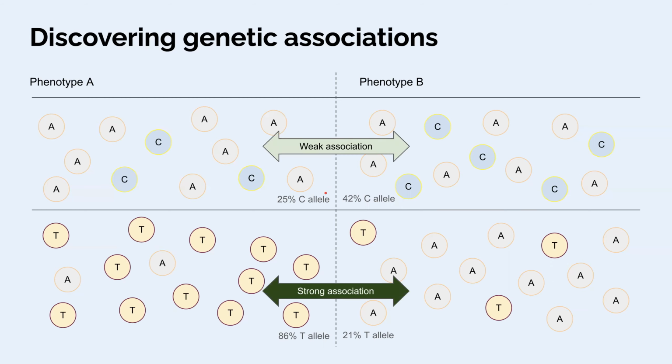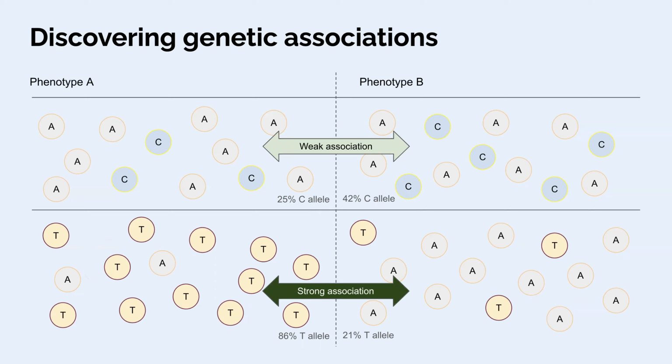So they're both sort of C alleles in the minority, and the difference of, what is that, 10%, 20% of difference, versus maybe something a little bit stronger where it's mostly A's in one phenotype group, mostly T's over on the left, mostly A's over on the right, and this would give you maybe more of a strong association.